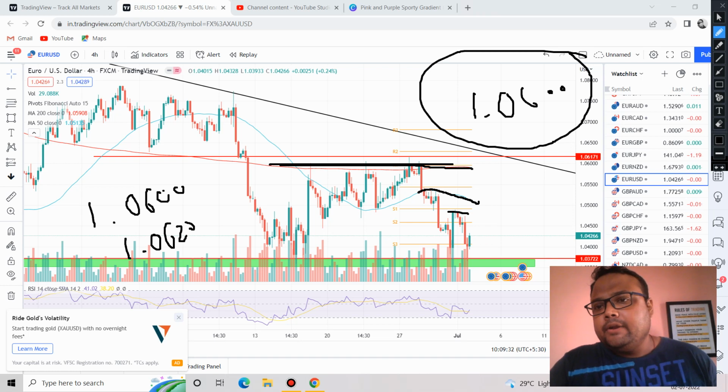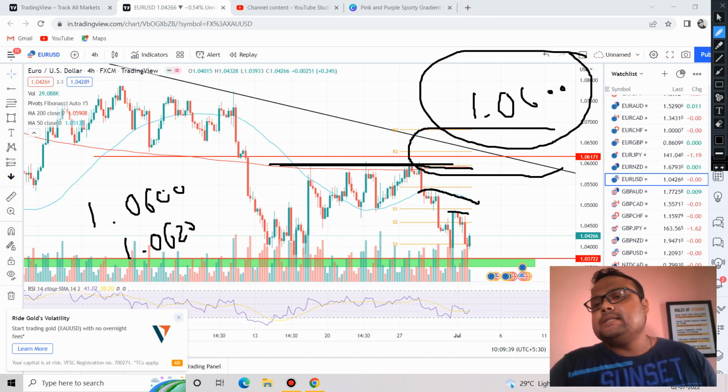Here you can also see the trend line acting as a dynamic resistance. So there is a high chance that around this level euro dollar will struggle, and we may get some opportunity to take a sell position.